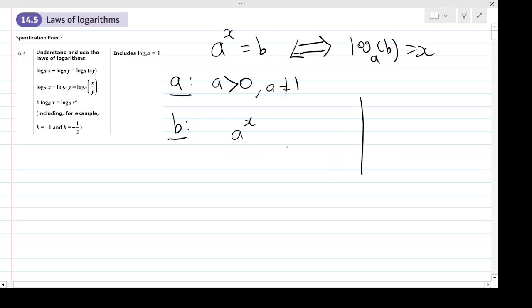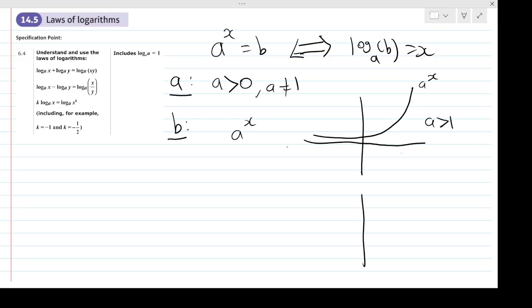One graph increases when A is above 1, and the other possible graph goes the other way. It decreases if A is between 0 and 1. So these are my 2 possible graphs of A to the x for any base A.